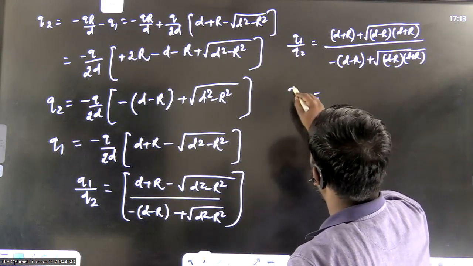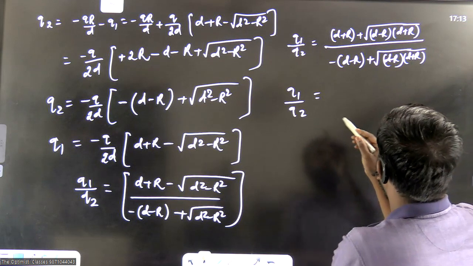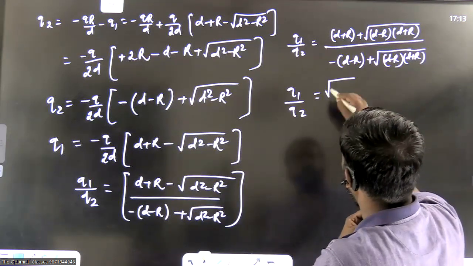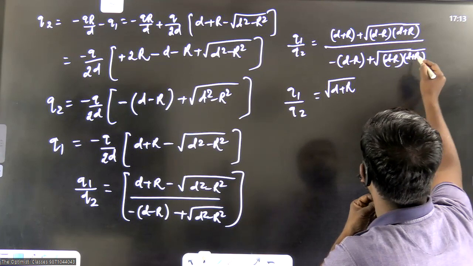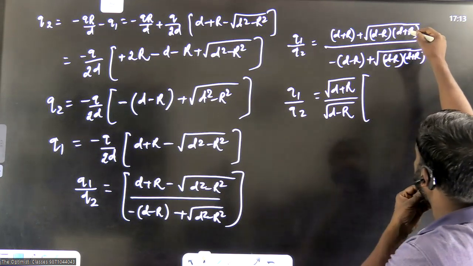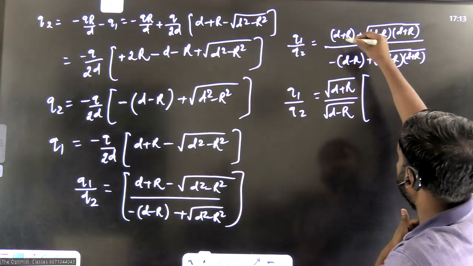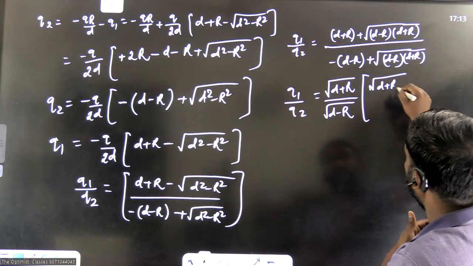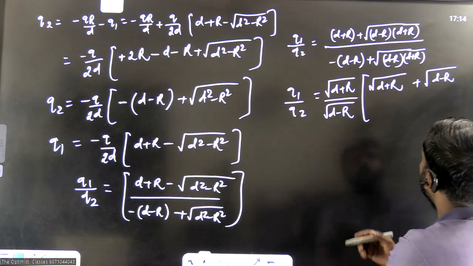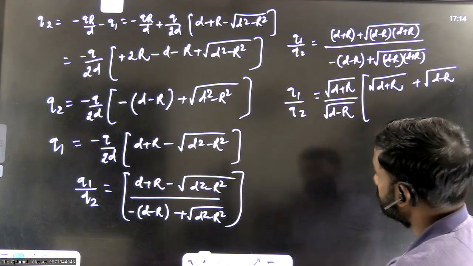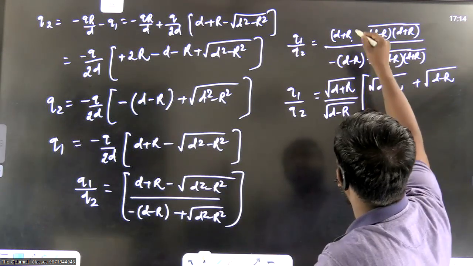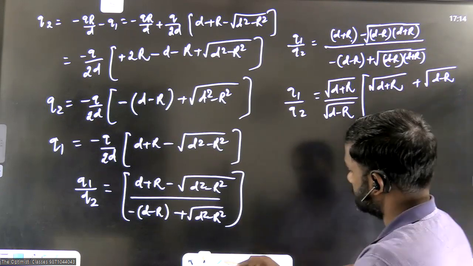Now you see here Q1 divided by Q2. From the numerator we are taking root under D plus R common, and from the denominator we are taking root under D minus R common. So in the numerator we get the factor root under D plus R, and here root under D minus R. Sorry, there was a negative sign in the denominator, and in the numerator also there was a negative sign here.